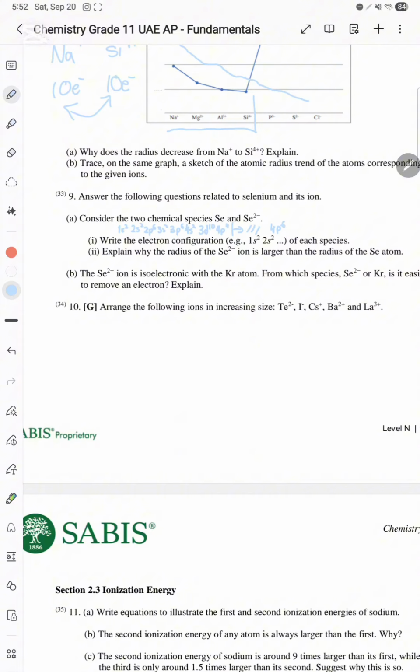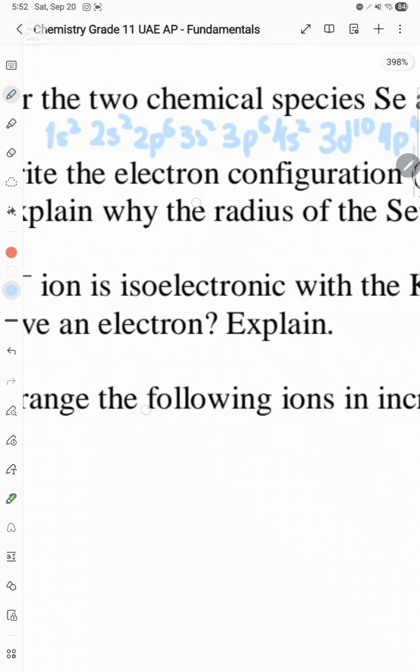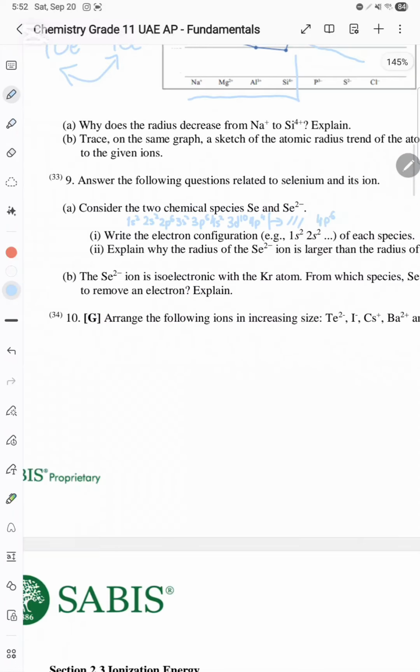And there's going to be more electron repulsions because now you have 8 valence electrons in the last shell, where before you had 6. So they're going to get further away, making the radius of the Se2- bigger.